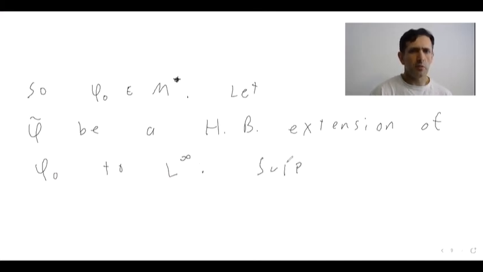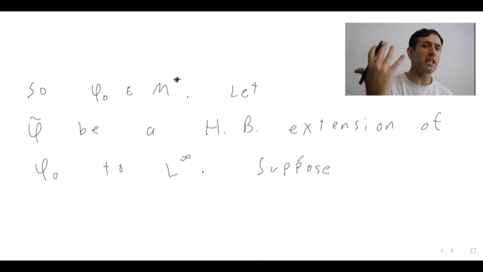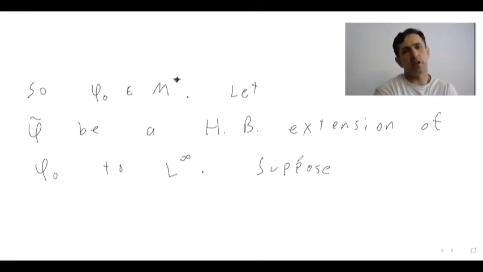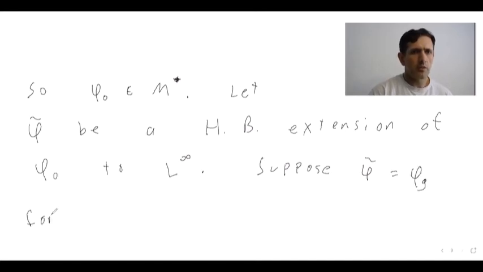So let's assume that the Hahn-Banach extension of this Dirac delta functional is given by a function. Suppose that phi tilde is of the form phi g for g in L1.